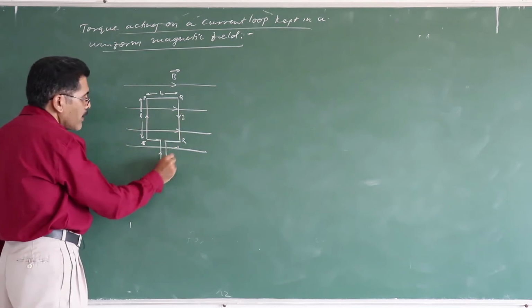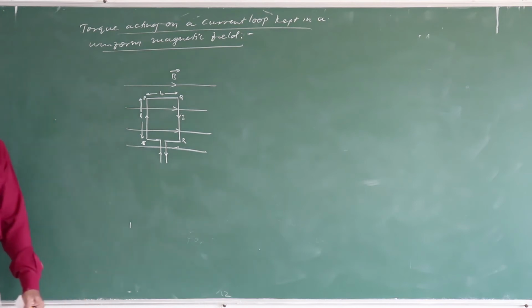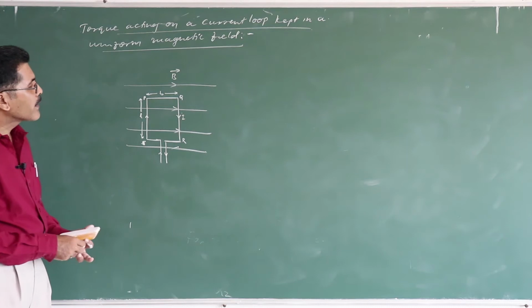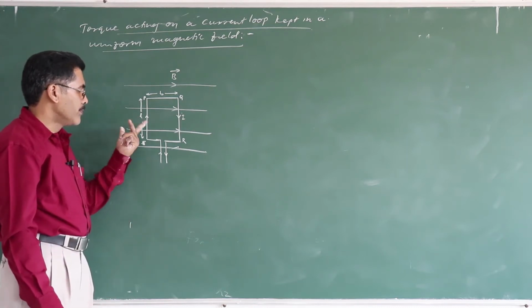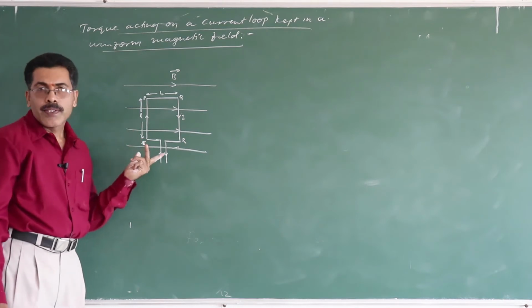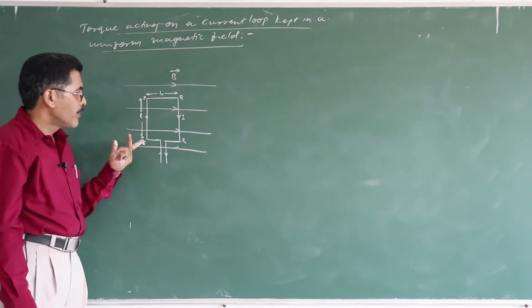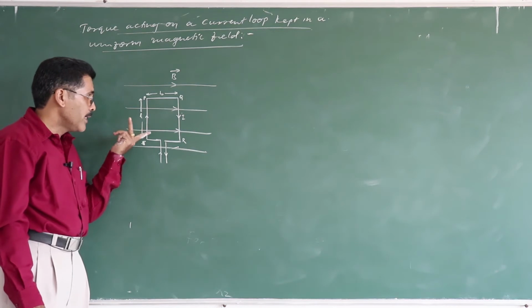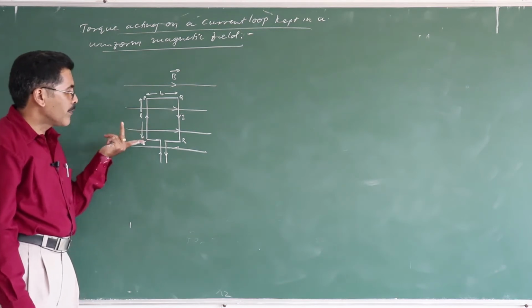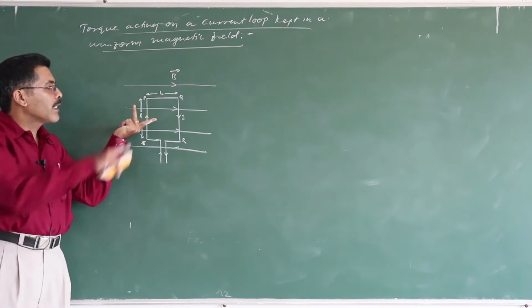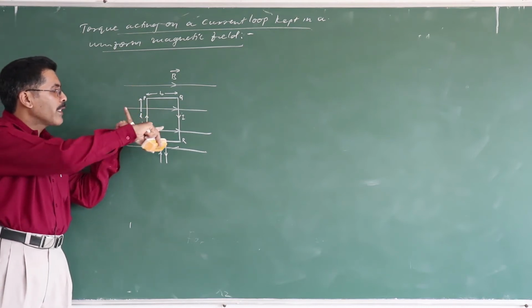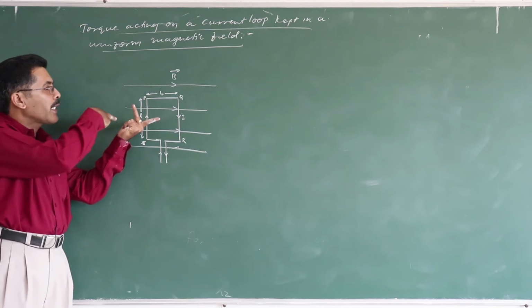What is the force acting on this loop? You just apply Fleming's left hand rule to identify the force acting on it. This is the current flowing direction, this is the magnetic field, and this is the force acting.